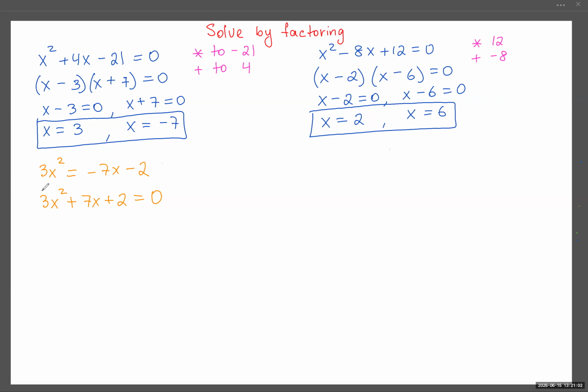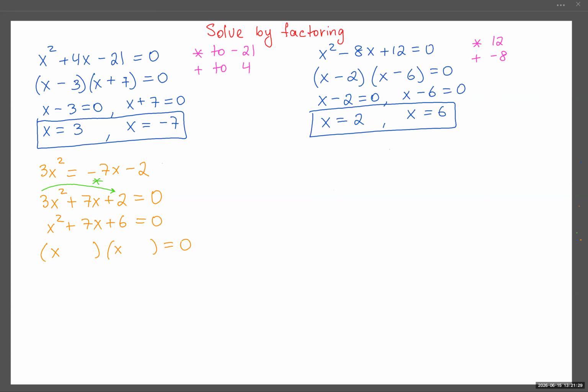Slide and divide means that you multiply the first number by the last number. That's your slide. So that gives you x squared plus 7x plus 6 equals 0. Then you factor it as if there is no number in front of x squared.